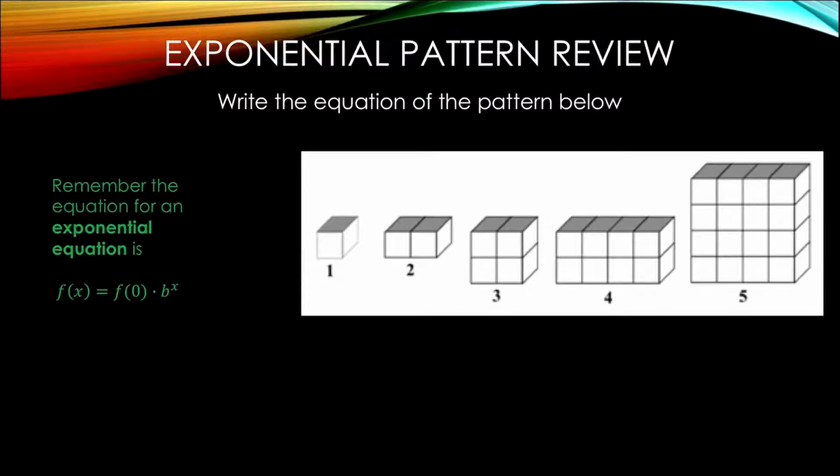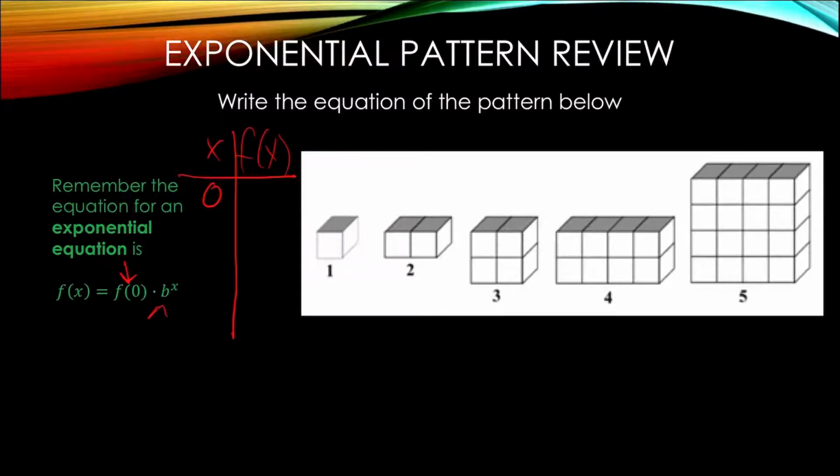Alright, an exponential pattern. The key here is that for exponential I am multiplying or dividing each step in the sequence. So once again, I'm going to create a table. I am going to leave that 0 spot left over because I still need that f at 0.